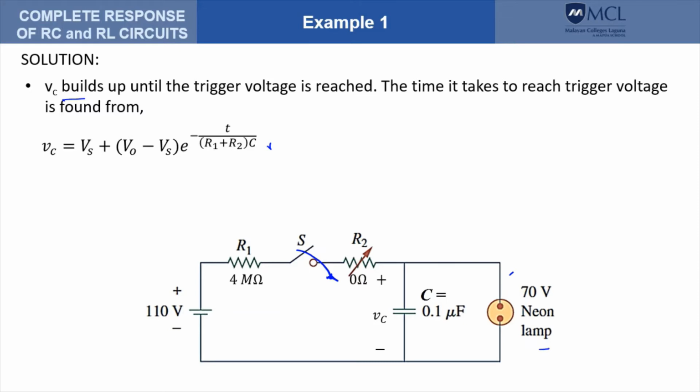We can substitute V sub C for 70 volts and compute for the time. Solving for time t, that should give us a time of 0.4 seconds. So the time it takes for the capacitor to reach 70 volts with an initial voltage of 0 is 0.4 seconds.